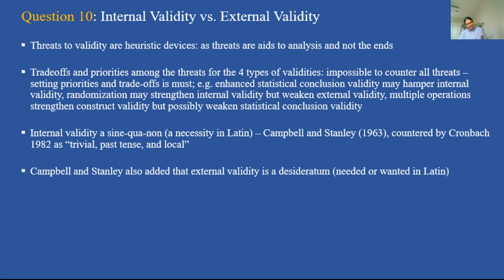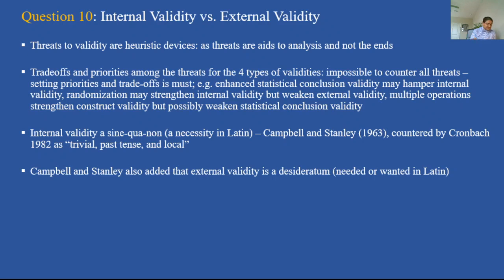The book mentions a quote: internal validity is a sine qua non. So what is this, and why or why not? Internal validity is a sine qua non is a famous statement by Campbell and Stanley in 1963.